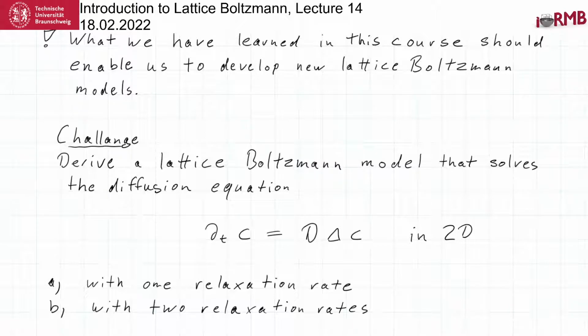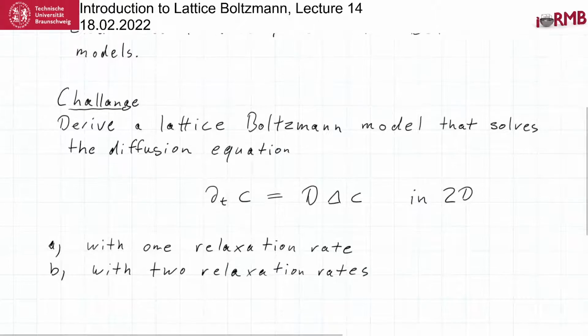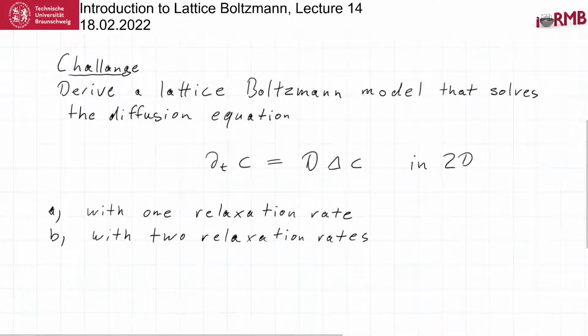So we have a concentration C, which is changing in time, and this is equal to a diffusion coefficient D times the second derivative, so the Laplacian of C. And now we want to build two different models, a simple one with one relaxation time and another one with two relaxation times, to see whether we can actually do some magic with this.